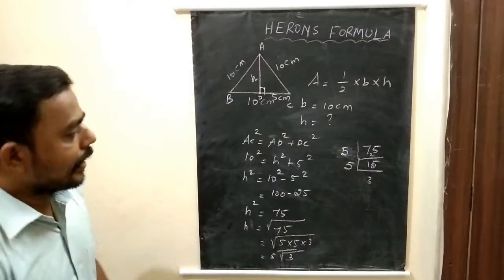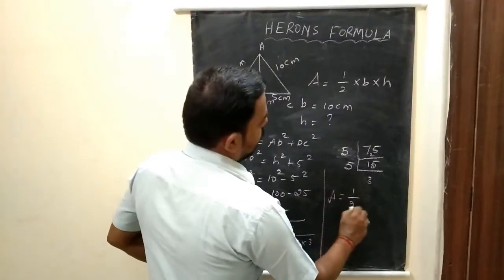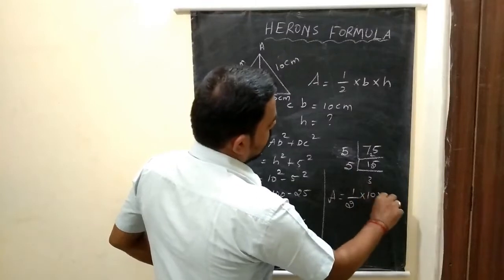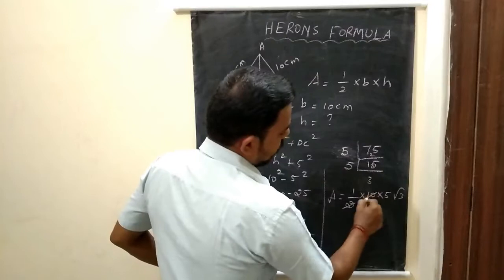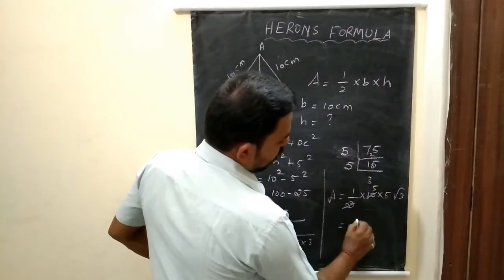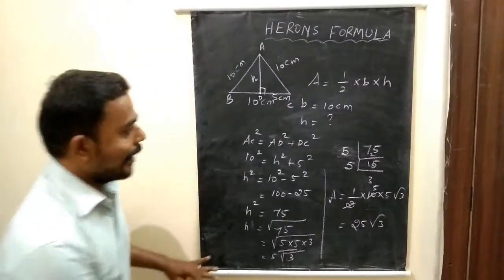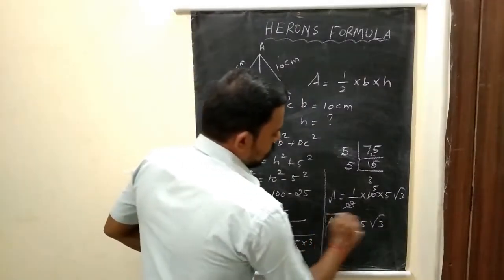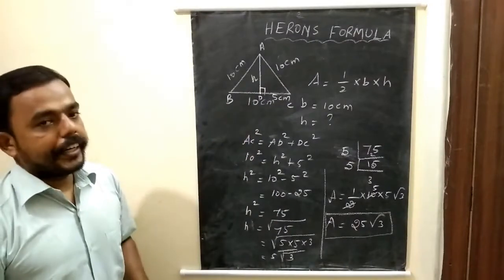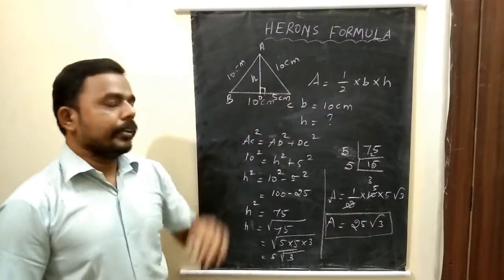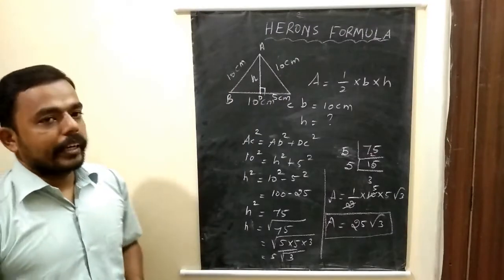This is the height value. Now area equals 1 by 2 into base 10 into height 5 root 3. We can cancel, so 5 fives are 25 root 3. So this is the area of the equilateral triangle with sides 10 centimeter. Similarly, you can find it for an isosceles triangle.